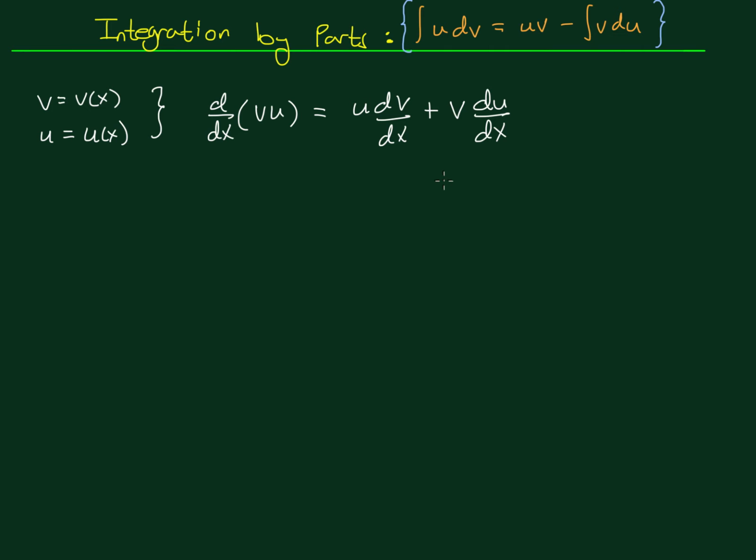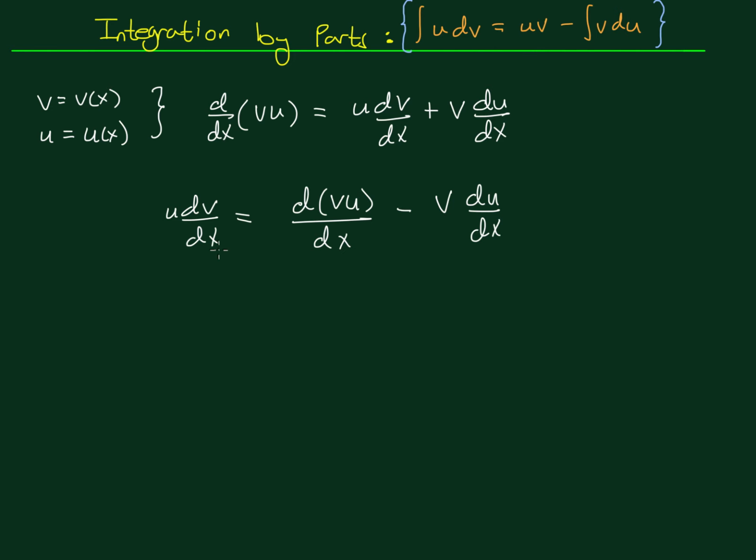Okay, so at this point what we can do is just solve for u times dv/dx, and if we do that we get u dv/dx is equal to d(vu)/dx minus v du/dx.